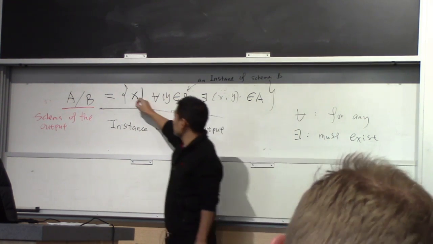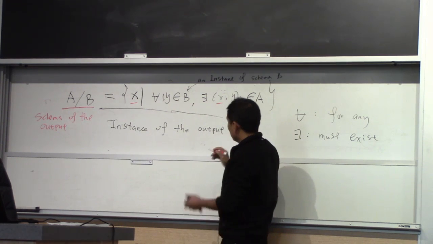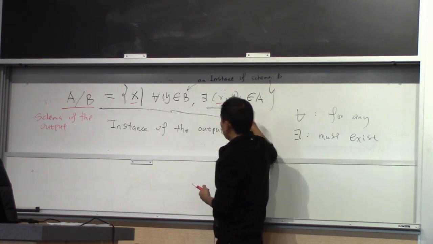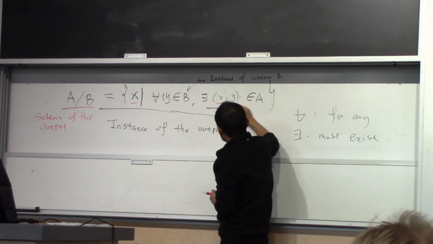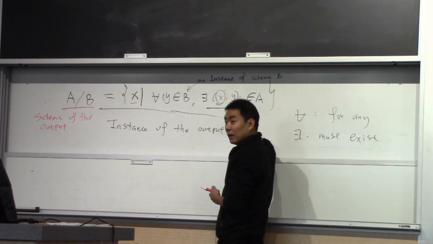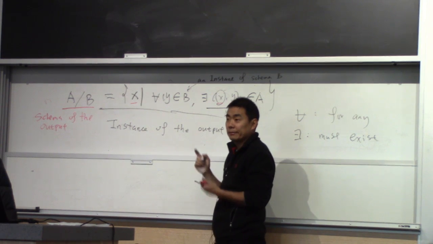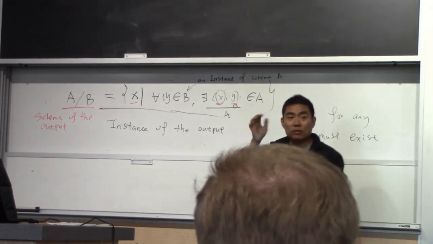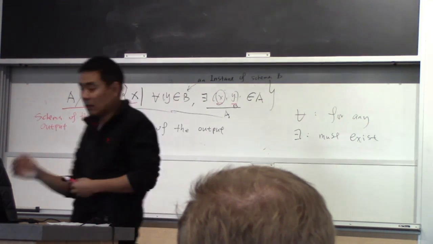Because for any X matched with Y belonging to A, the schema of this whole thing is A, and the schema of Y is B, so the schema of X must be all the attributes in A, but not in B. Right? Okay, so the schema is clearly defined.